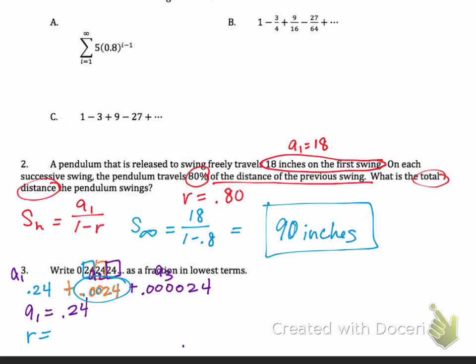So I'm going to take the second term and divide it by the first. So 0.0024 divided by 0.24. And what do you end up getting for your rate? 0.01. So now I have my rate.